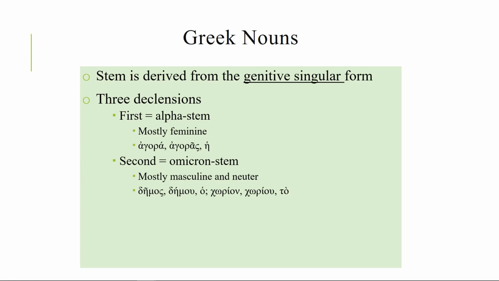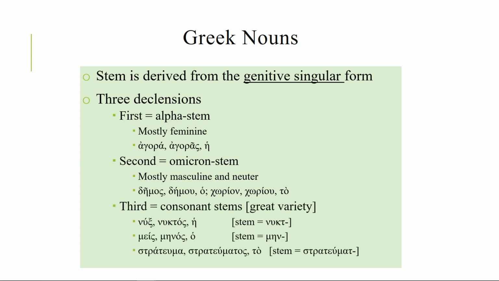However, and this is a big however, when you get to the third declension, all bets are off. This is sometimes called the consonant stem, even though some of them look like vowel stems. It's usually because some archaic consonant has dropped out, like a W sound, the digamma. And you can see, for example, he nux, nuktos, you need to get the kappa tau of the genitive to get your stem. Likewise, mes by itself gives you no clue that the rest of the word is built off the stem men-, meaning month.